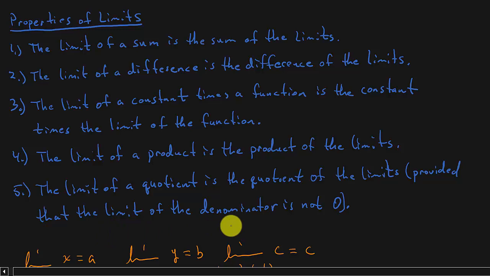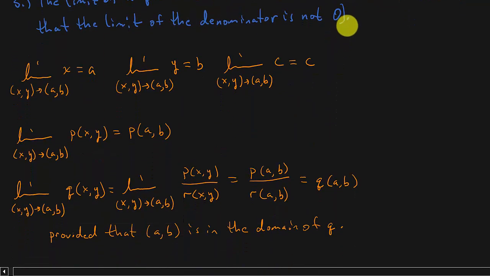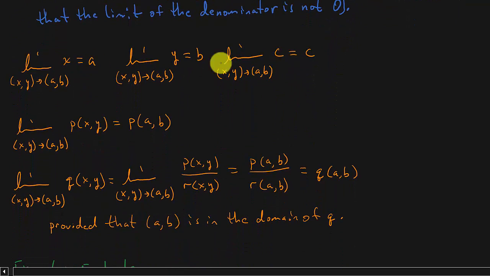All right. And then we have these special limits right here. The limit of x as (x, y) goes to (a, b) is a. That's just telling us we can take the a and plug it in for x. Same thing here, the limit of y, we can take the b and plug it in for y. The limit of a constant is just the constant. Then we've got the limit of a polynomial.